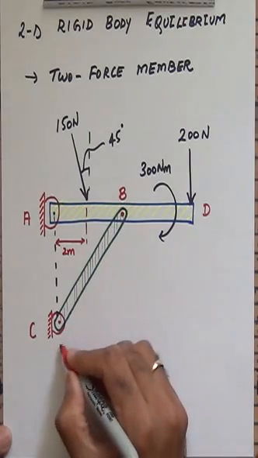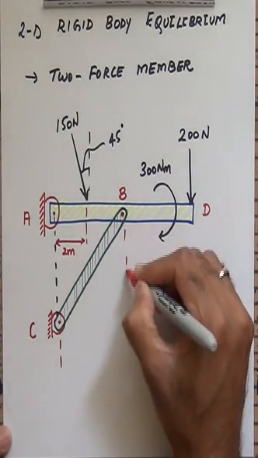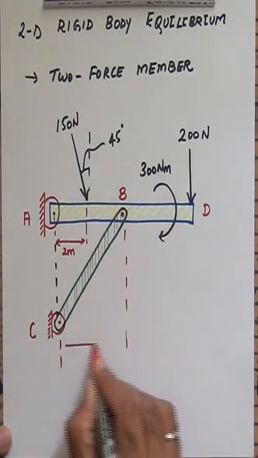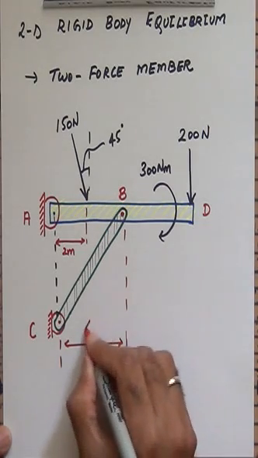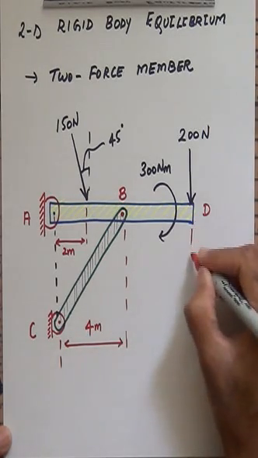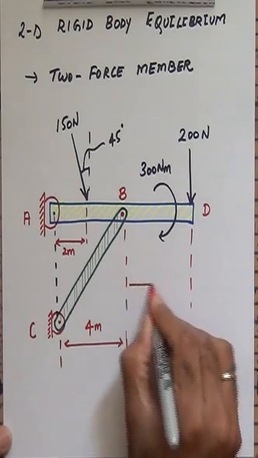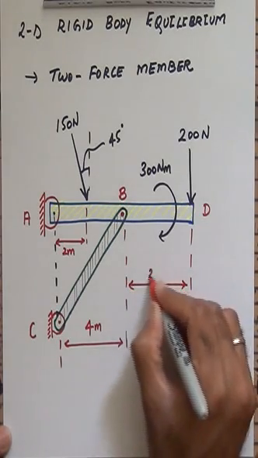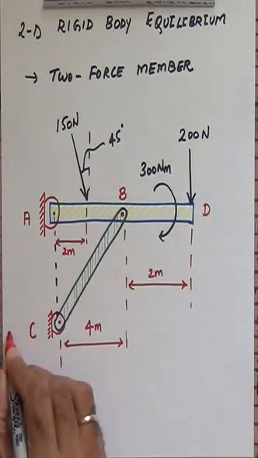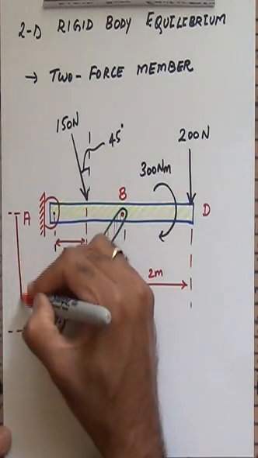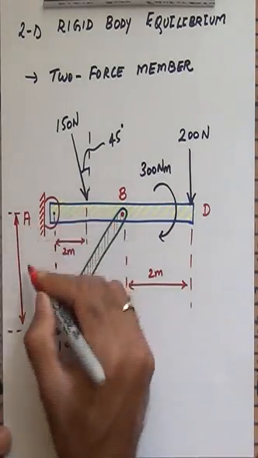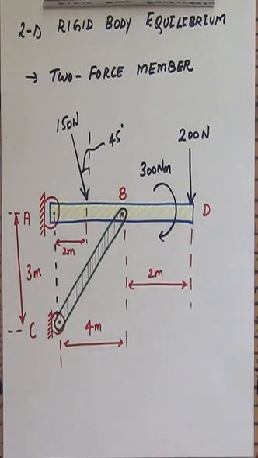Then all the way from the point C to where the point B is also 4 meters. It's twice that distance. So this is 4 meters, and then this final distance here is going to be 2 meters, and then the distance from point A to point C vertically is given to us as 3 meters. Alright, so all the dimensions are given to us.